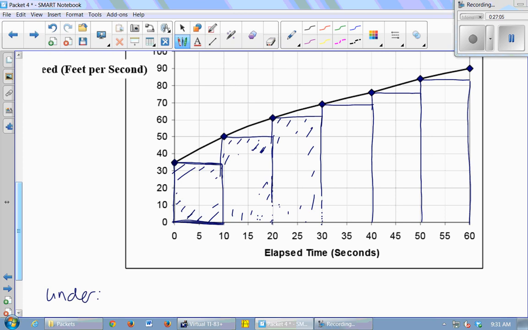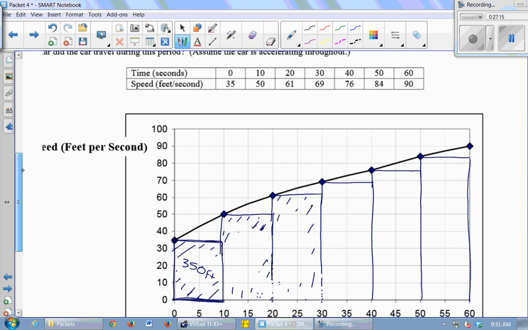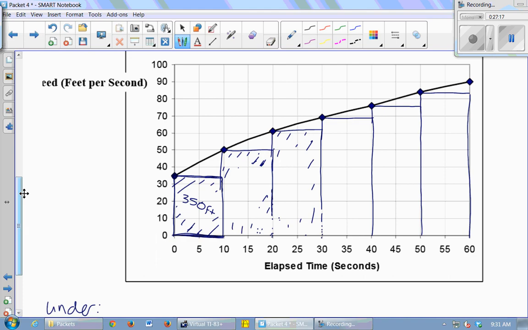So this is going to be 35 times 10, which is 350 feet. Okay. And then my next rectangle, its base is 10 seconds, and its height is 50 feet per second. So I have 50 feet per second times 10 seconds is 500 feet.